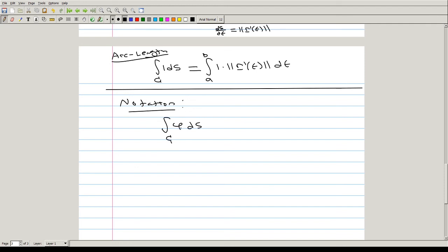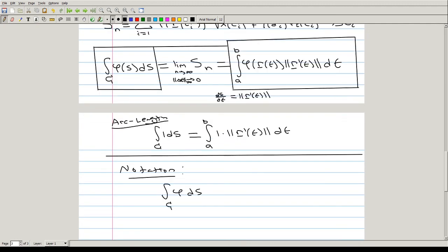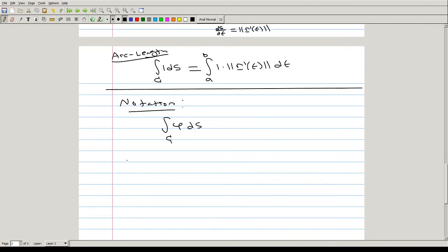We won't denote the arc length dependence. This means the same thing as this right here. You might also see the integral along c of phi of p ds, to denote that we're taking points on the curve c and evaluating the function phi at p. These notations essentially mean the exact same thing.